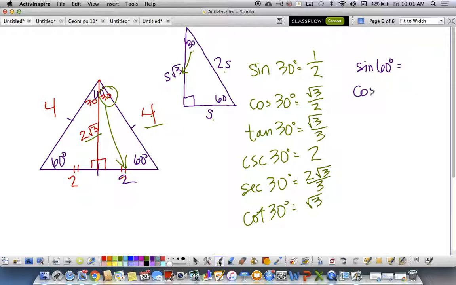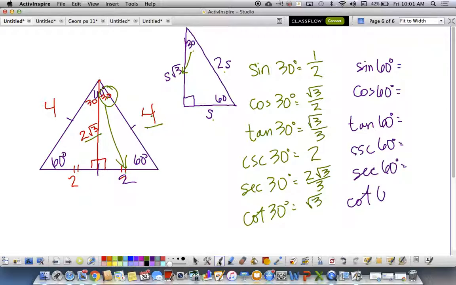What is cosine 60 degrees? What is tangent 60 degrees? What is cosecant 60 degrees? What is secant 60 degrees? I know you can. You are equipped with everything you need to know. You have triangles.